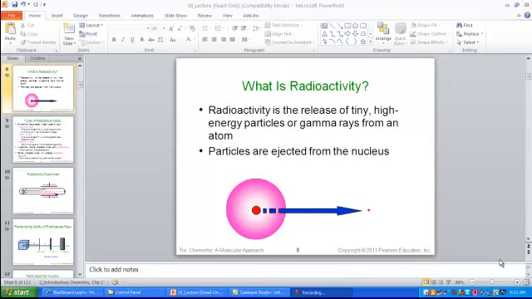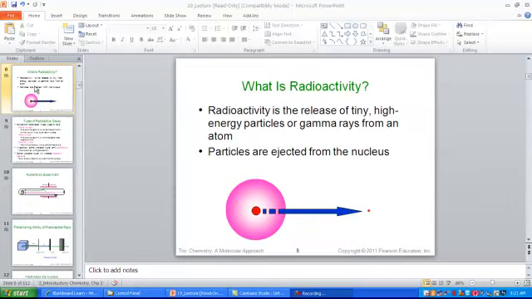So if nuclei are unstable, they will spontaneously decompose and emit small pieces of themselves to gain a more stable arrangement. And it's these fragments that are radioactive. So it's this radioactivity that Becquerel and Curie detected, and natural radioactivity can actually be categorized into 3 different areas: alpha, beta, and gamma radiation.